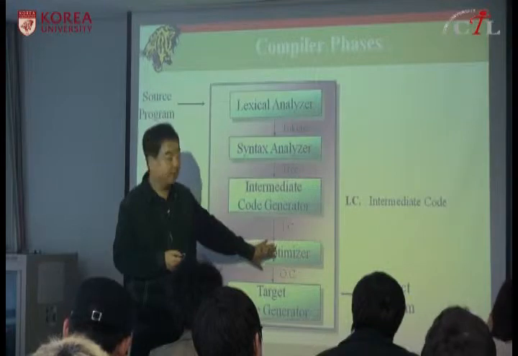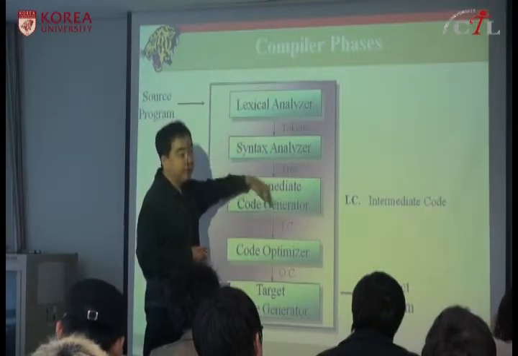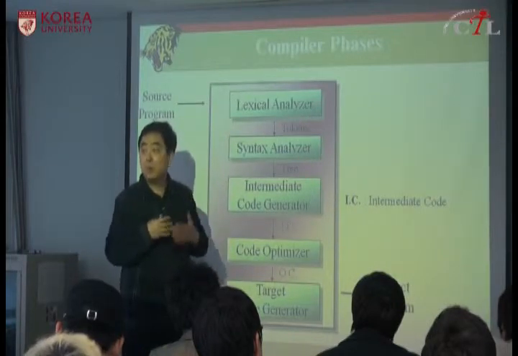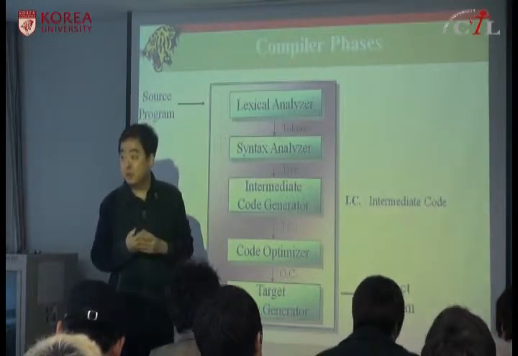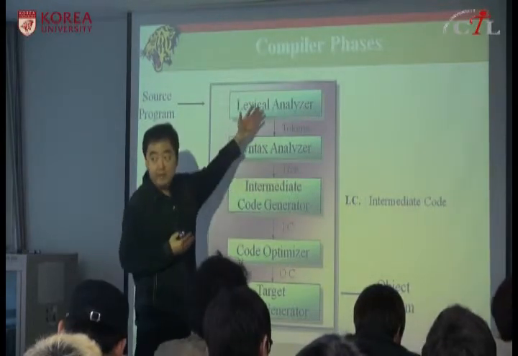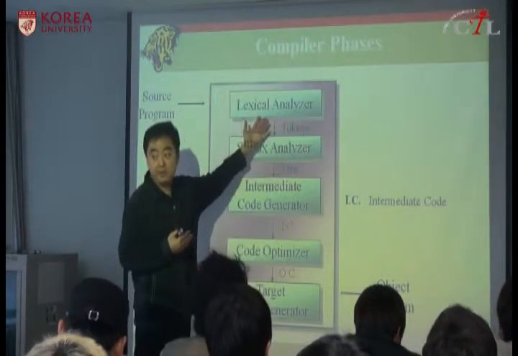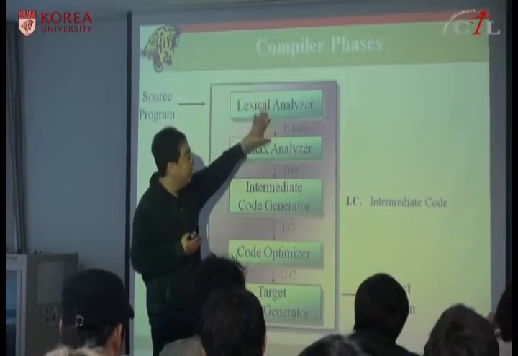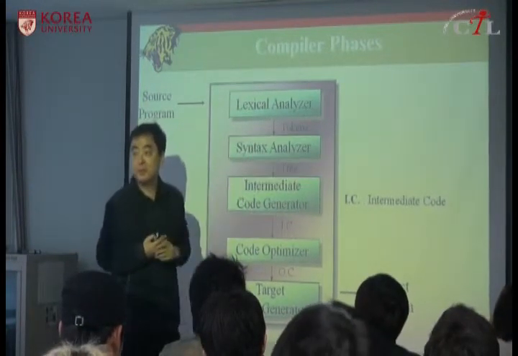Compiler research. Okay, because this front end process is usually mostly automated. There are many tools you can use to build a front end easily. There are tools called LEX for lexical analysis, YACC for syntax analysis, and so on.